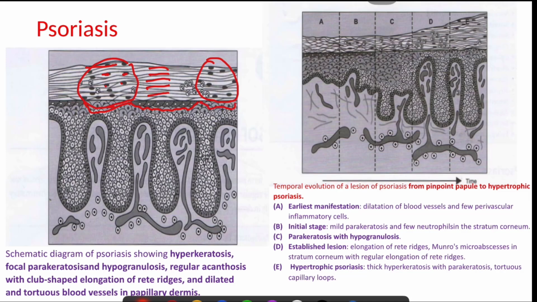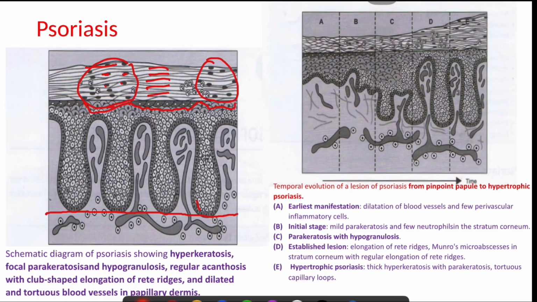So this is hypogranulosis: alternating areas of normal granular layer and hypogranular layer, with the hypogranular layer present in the area of parakeratosis. Second thing, regular acanthosis. Acanthosis means thickening of the epidermal or spinous layer. Regular means you can see a test tube like appearance of the epidermis, because all rete ridges look similar and have similar length.